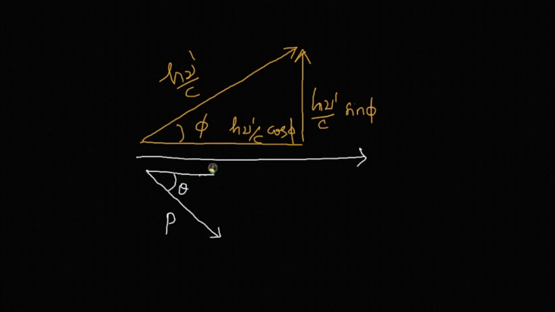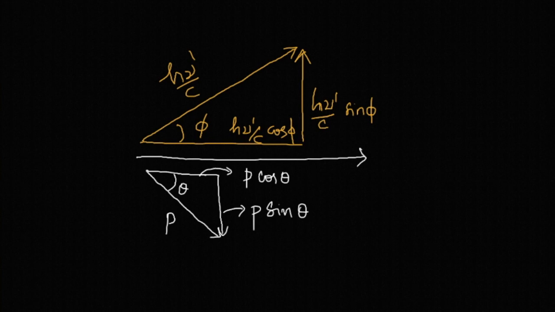So we can resolve this again in the horizontal as well as the vertical direction. The horizontal component will be p cos theta, and the perpendicular component will be p sin theta. So we have taken the vector diagram of the momenta and their components.